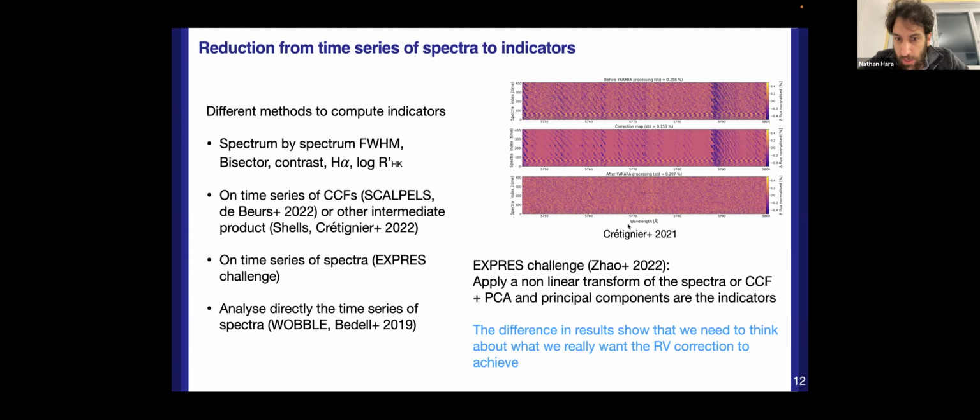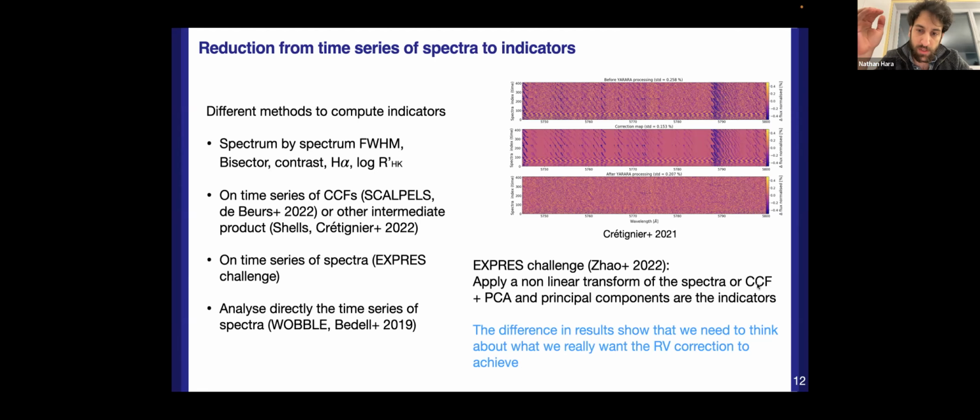In the Express challenge, there have been several ways to extract activity indicators from these different time series, either CCF or spectra. I noted that usually it's based on a non-linear or linear transformation of your spectrum, and then you apply a principal component analysis.